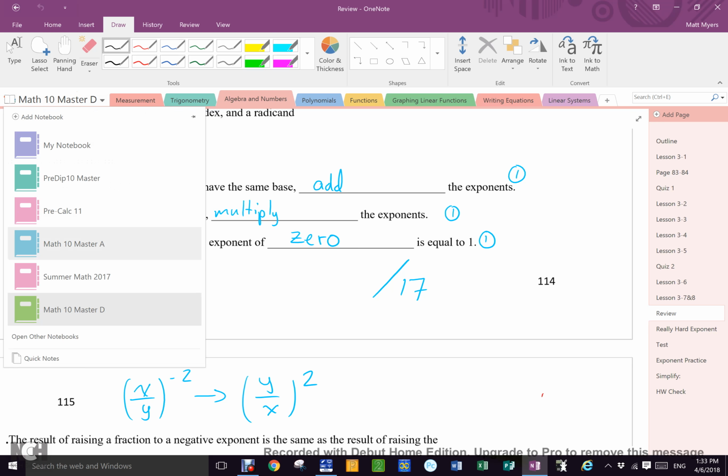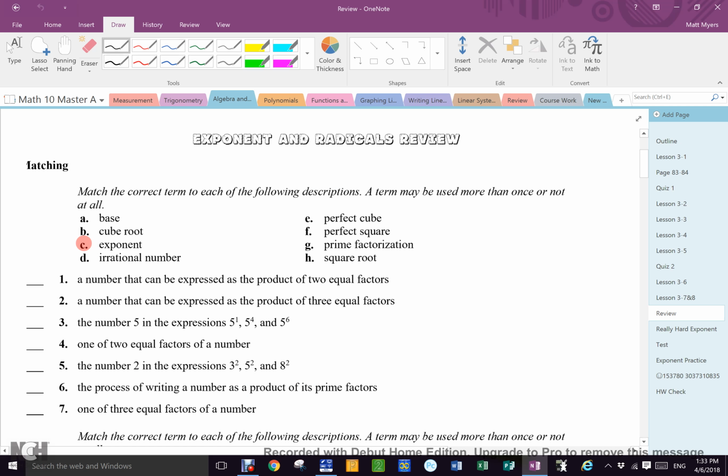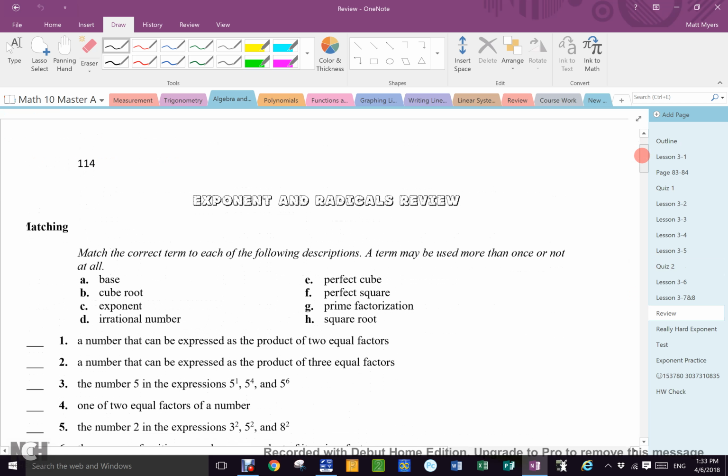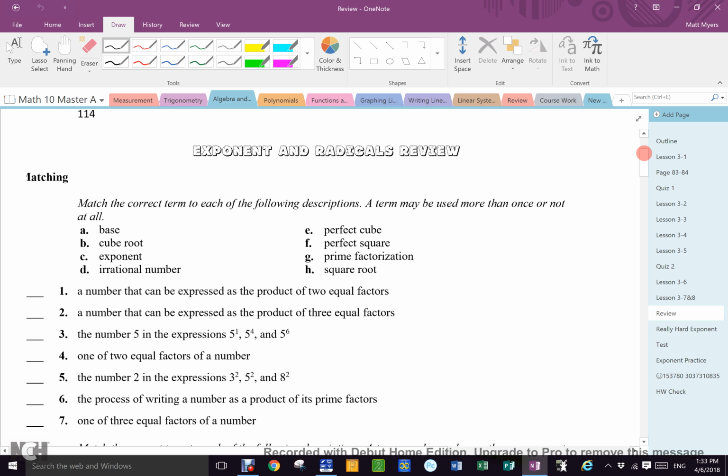Answers. Danger, Will Robinson, danger. There. Page 114, exponent and radicals review. This is what your test on Tuesday will be on. Till 117, yeah. All right.